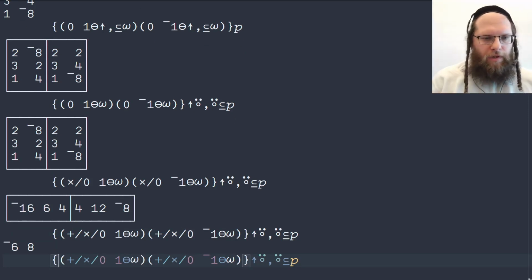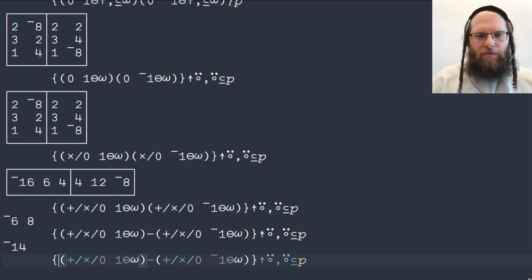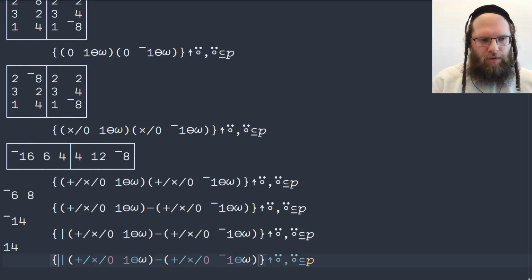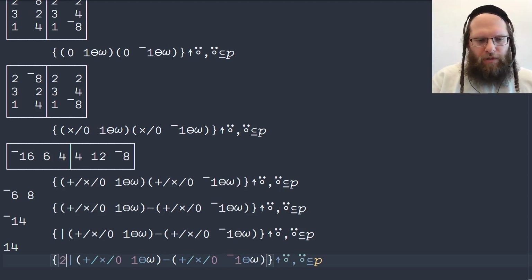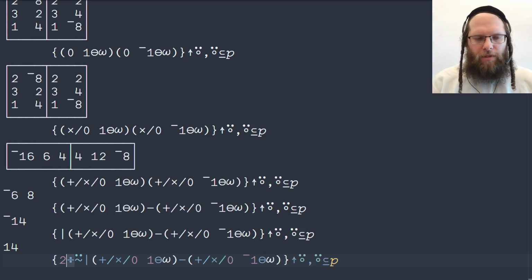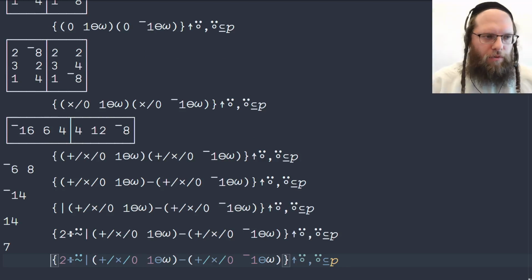And then finally, we have to subtract one from the other. Once we have this number, we just need to take the absolute value. It's negative here, so make it positive, because the area is always positive. And then we have to divide that by 2. I like to write that 2 divides. So this operator here takes the division symbol and flips its arguments so that what we're dividing by goes on the left. And that gives us 7, which is our correct result.